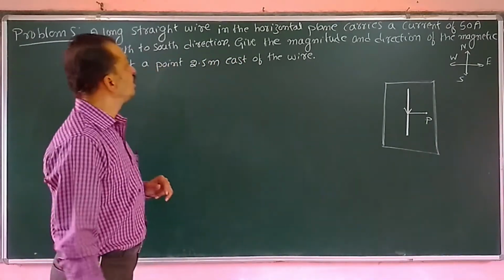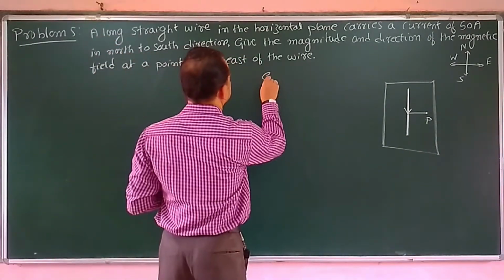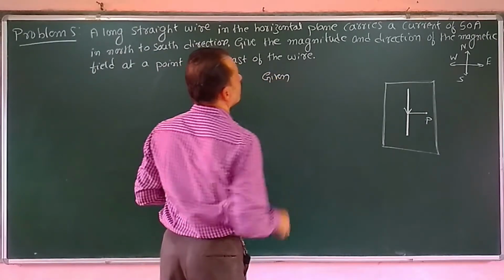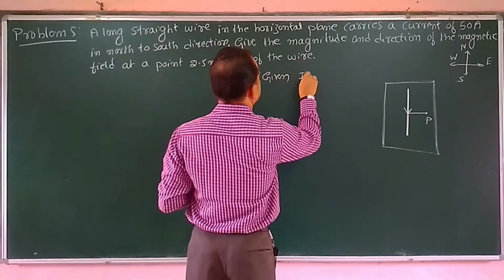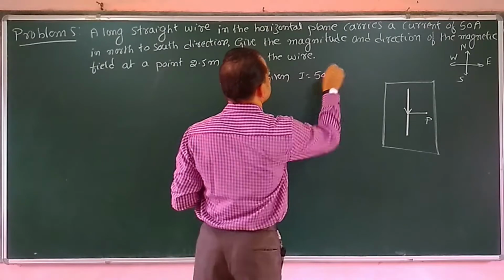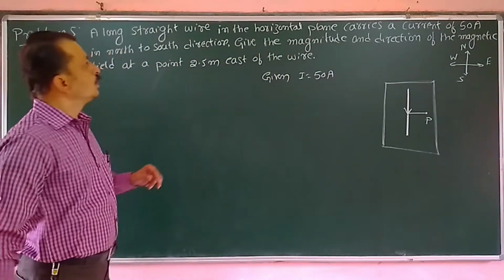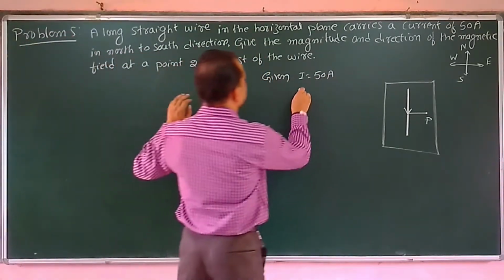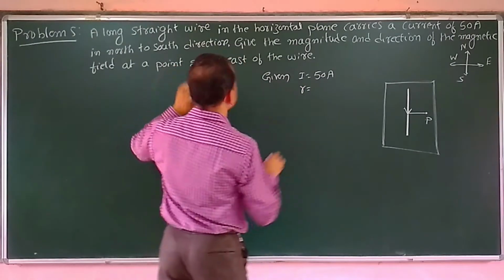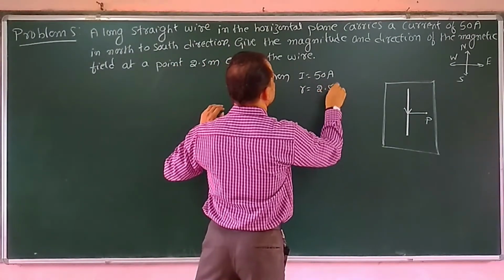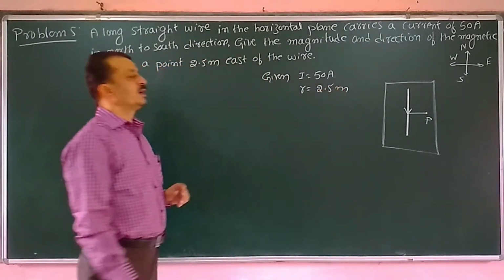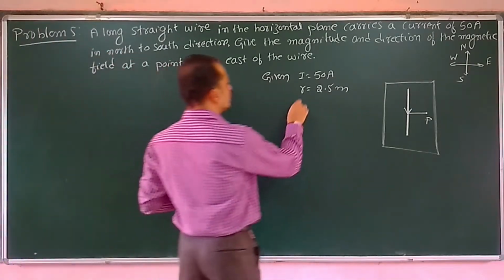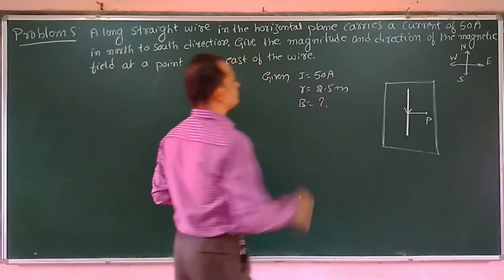Okay, very simple. Given: current is 50 amps. The distance of the point from the current carrying wire is 2.5 meter. We just have to calculate the magnitude of the magnetic field.